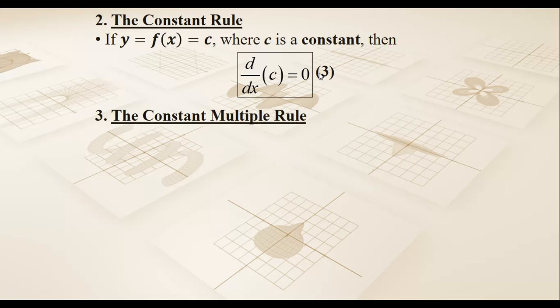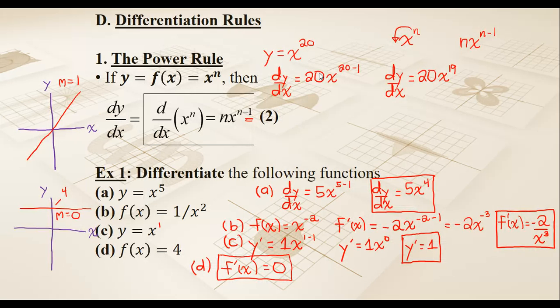Okay, we have another rule that's called the constant multiple rule. So the one thing you'll notice right here is that all of these functions do not have a numerical coefficient in front of them except for a value of 1. So what if you have a numerical coefficient?